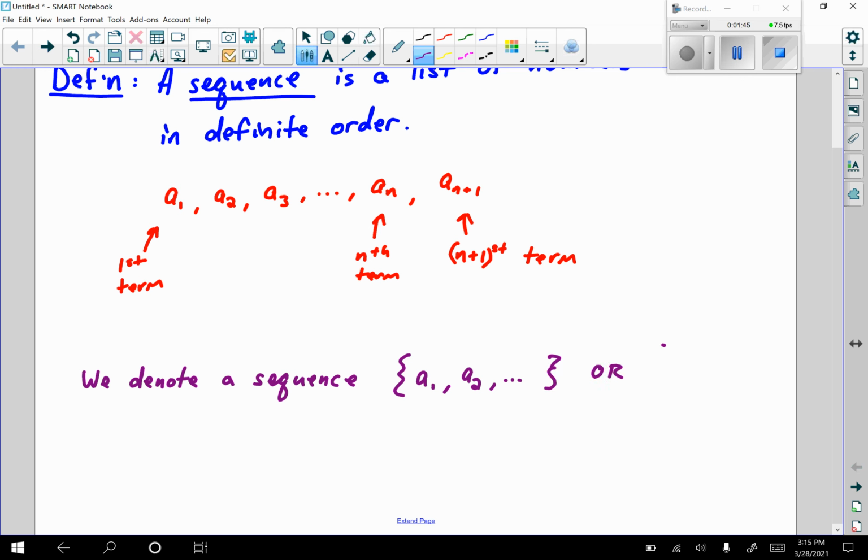Or we can just say it's the set of a sub n. Or we could say it's the set of a sub n as n goes from 1 to infinity. Or we might see it as parentheses of a sub n with a little n on the outside. All of this notation means the same thing, means we're looking at a sequence.